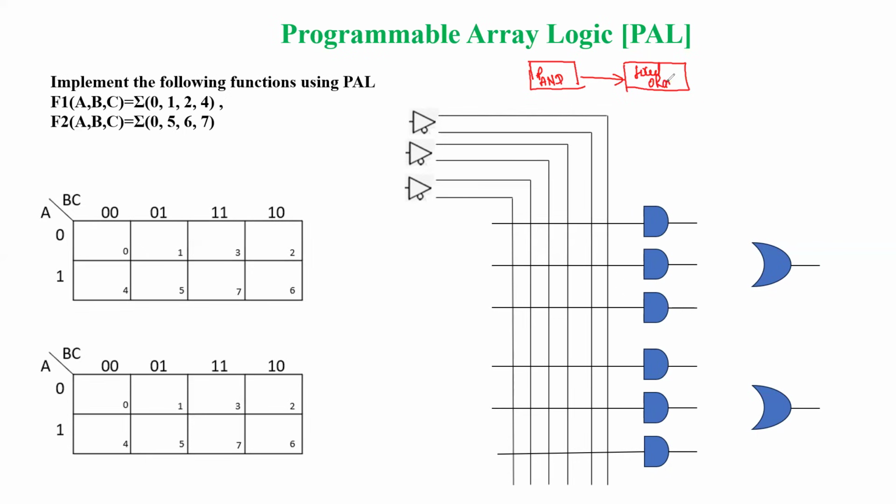So what is specific about this? Here we have the input, and from here we get the output. The AND array is programmable, whereas the OR array is fixed, and product terms will not be shared with another function. We have to keep that in mind.